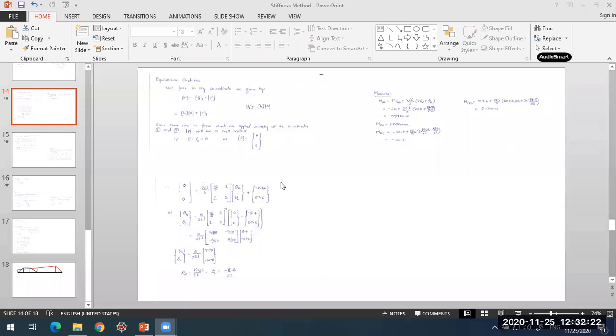So we'll continue the problems on stiffness method, and we have taken one problem in previous class. So let us go to the next problem here.